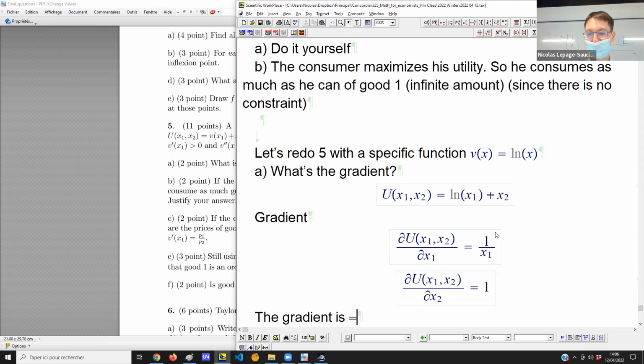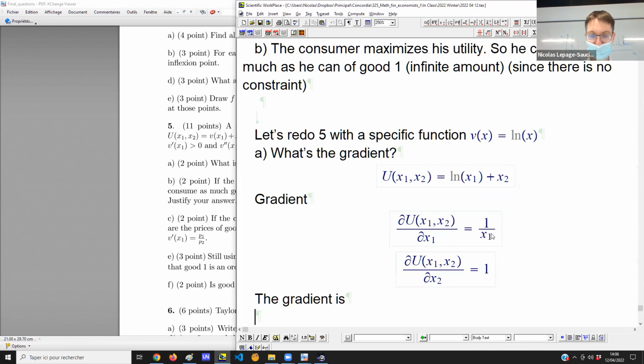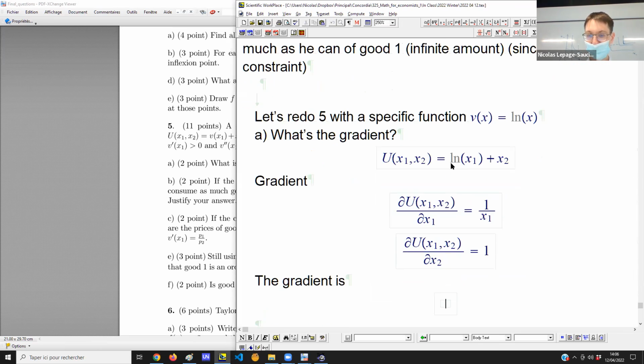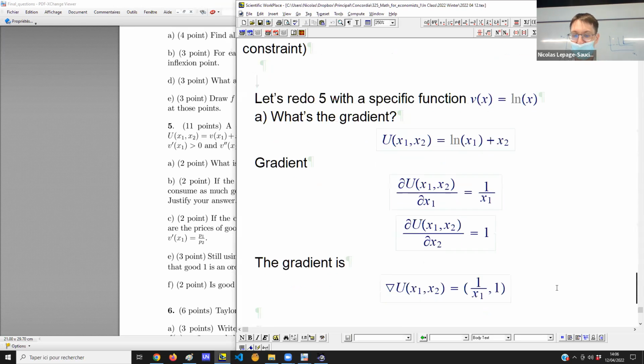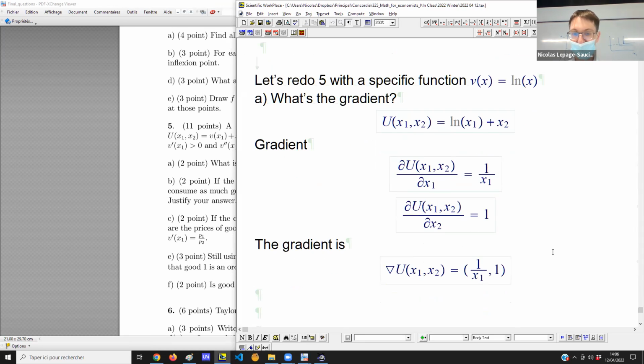I haven't specified any special number. So this is how you find the gradient: the derivative with respect to the first, the derivative with respect to the second.